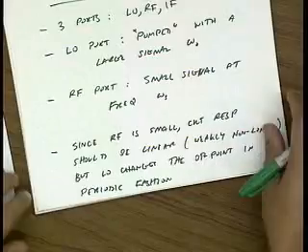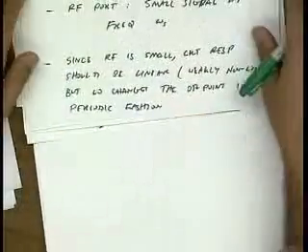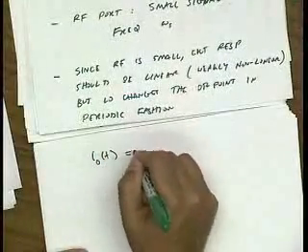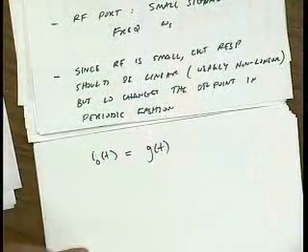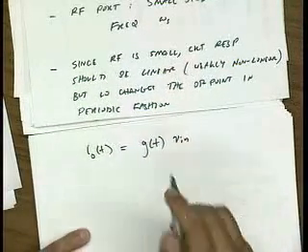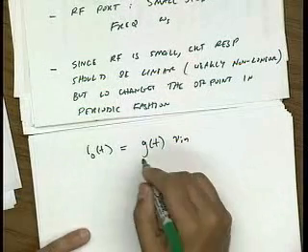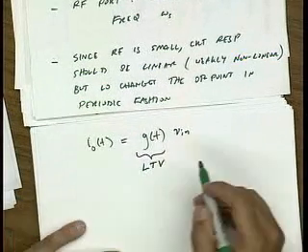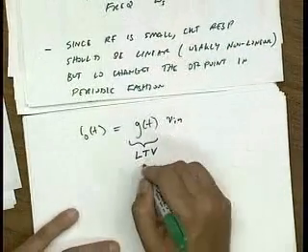Okay? So we can model this as a small signal output current that is a linear function of the input voltage, a linear transconductance, but a linear time-varying transconductance. So this is LTV, or really linear time-varying periodic.